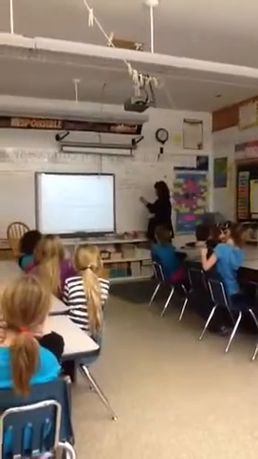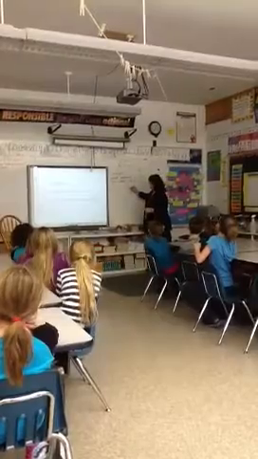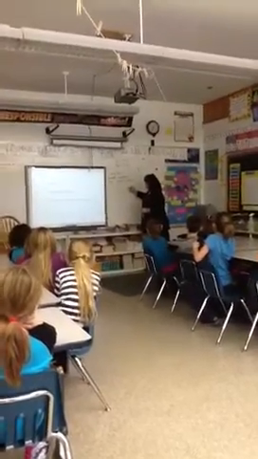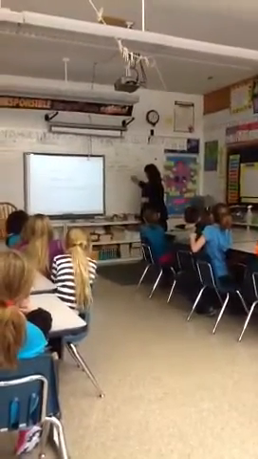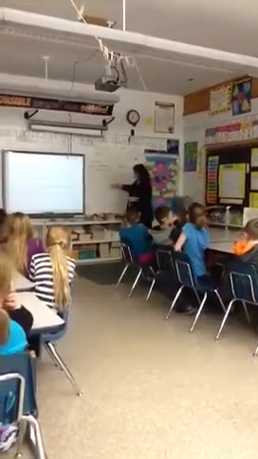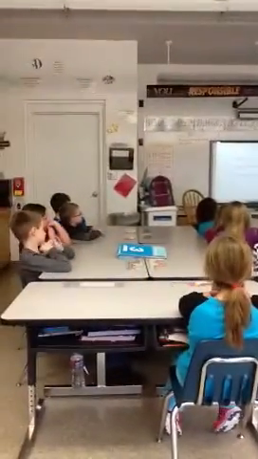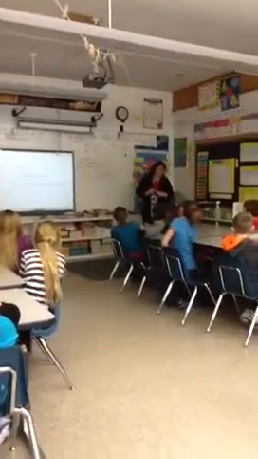How many dimes am I going to need? 8. We should probably label each one because we might lose track. How many pennies am I going to need? 2. Okay, he has 82 cents.